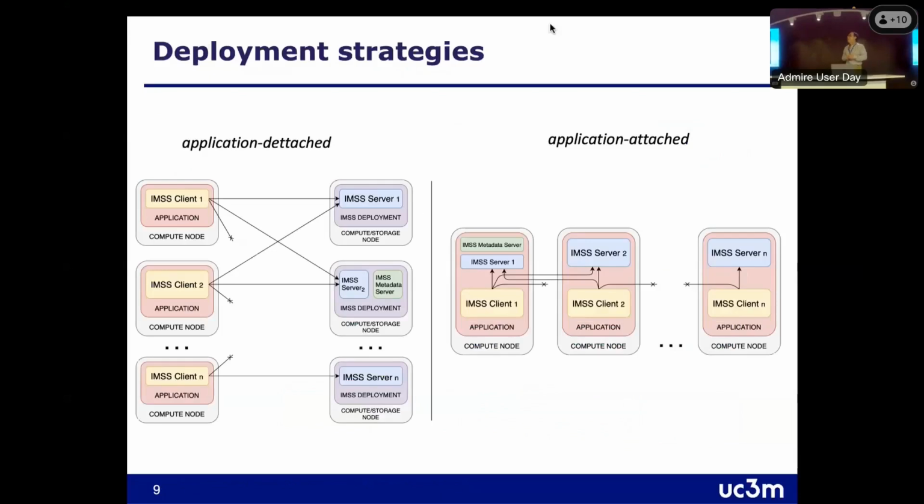For deployment strategies, we have two, one that we call attach and the other is detach. The attach deployment means that we are deploying the client and the server on each node. So we have many clients and servers, and they stay in the nodes of the application. In that way, we can exploit locality easily, depending on the behavior of the application.